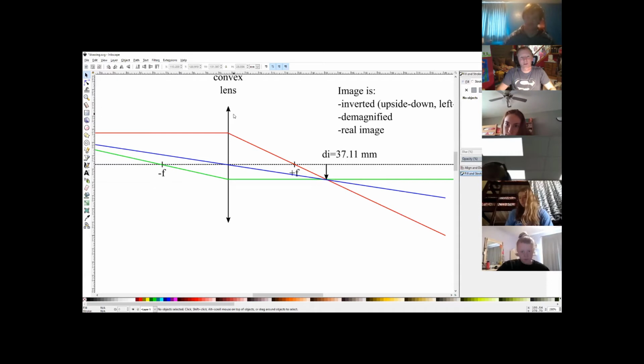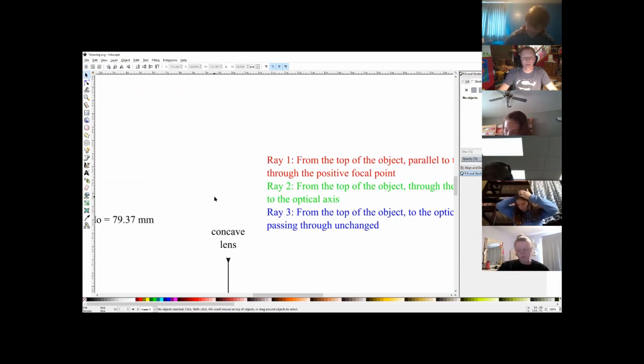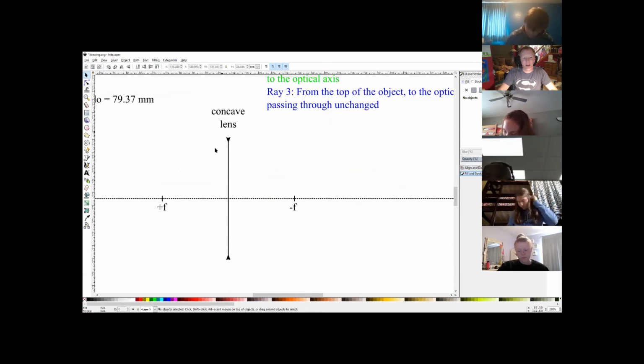We use arrows pointing away at the top and bottom. The concave lens, which looks more like an hourglass, wider at the top and bottom, skinny in the middle, we draw again with a straight line, but then the top and bottom are inward pointing arrows.